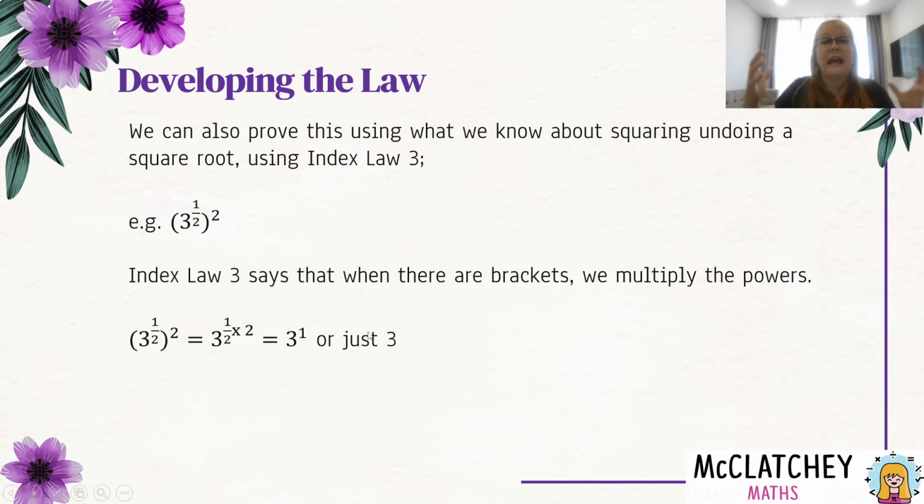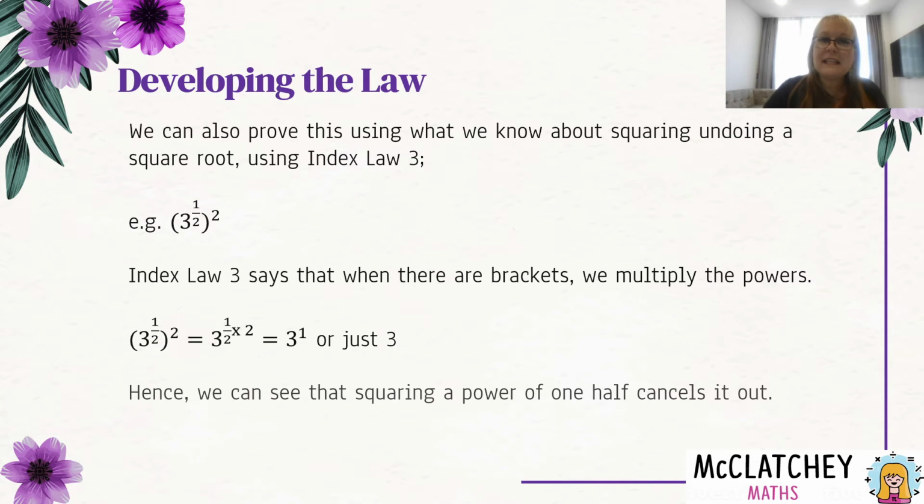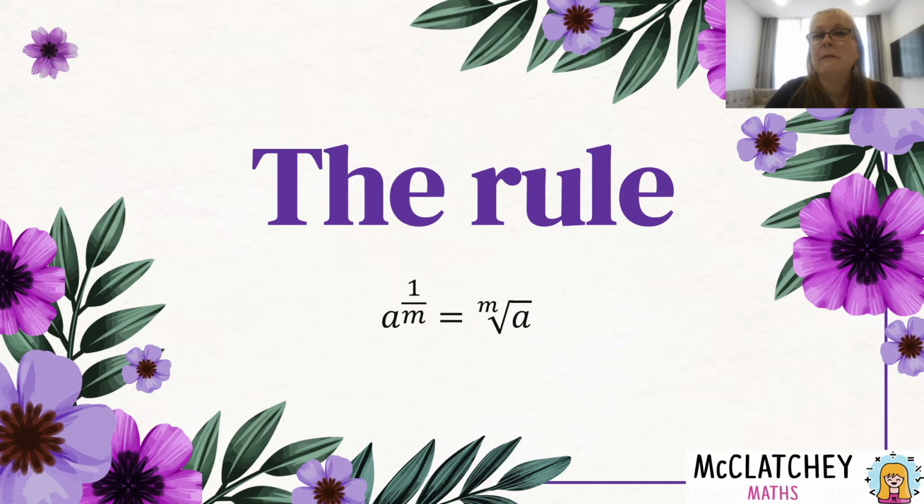So we've just looked at how to create this law in a few different ways. So here's our law in a nutshell and what it's going to look like. We've got those fractional powers and they are going to mean roots. So here's my rule using a little bit of algebra. Any base, so this big number here, the a, is our base. We've been using that letter in all of our videos so far. When I raise that to a fractional power, I can also write that as the square root of the base, but it's not just always a square root.